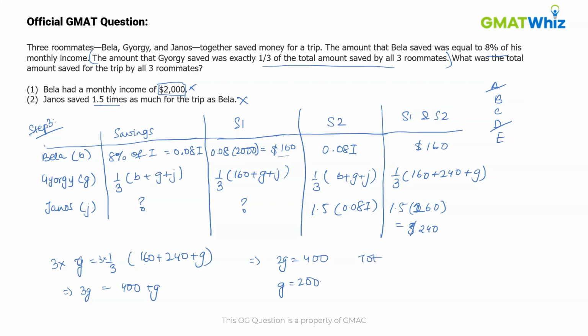Then we can find out the total savings equal to the savings of Bela, which is 160, savings of Gyorgy, which is 200, and savings of Janos, which is 240, which adds up to $600. So the correct answer is option C. And we eliminate the others.